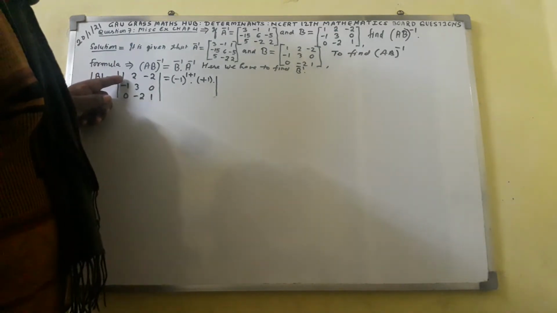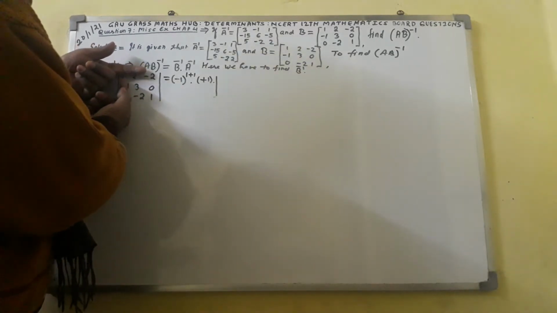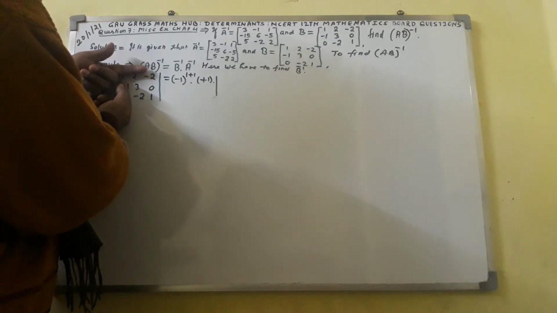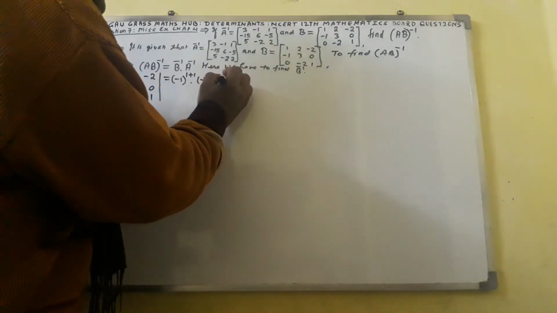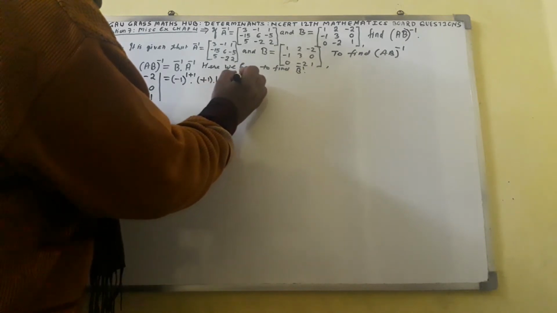Since 1 is in first row, first column, the first row and first column will be hidden. You will get the minor of +1 as 3, 0, -2, 1. So here I shall write 3, 0, -2, 1.